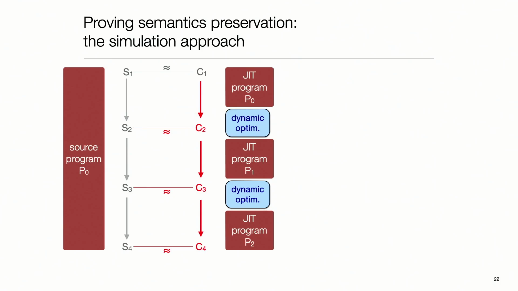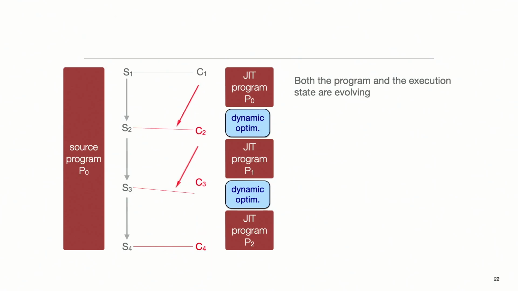However, we cannot apply the simulation directly, because here both the program and the execution state are evolving. In CompCert, there is a single program, the source program. Here, the program is evolving, so we cannot use the simulation diagram directly.